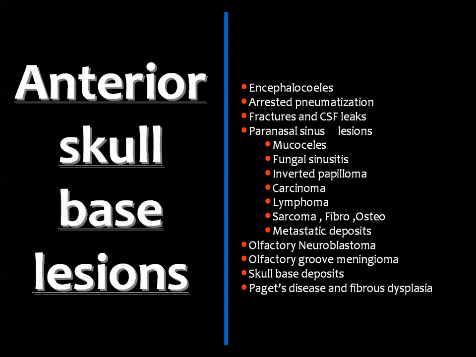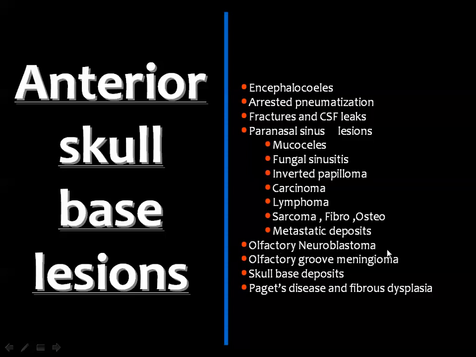Then these are the anterior skull-based lesions that we are going to discuss, including the encephalocele, and one of the important issues, which is known as arrested pneumatization, fracture and CSF leaks, and then some of the paranasal sinus lesions that can involve the anterior skull base, like mucoceles, fungal sinusitis, inverted papilloma, carcinoma, lymphoma, sarcoma, and the metastatic deposits.